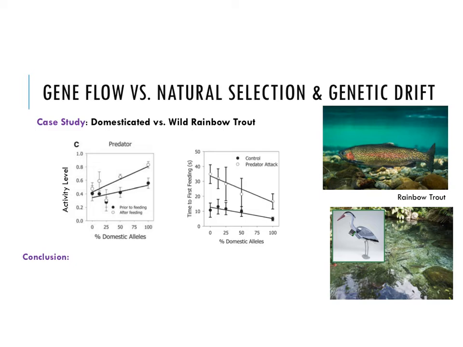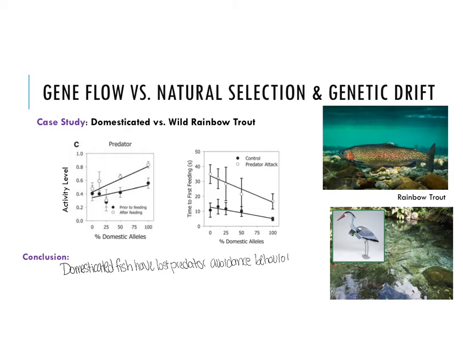What we see that's going to impact conservation and survival of our wild and endangered rainbow trout is that these domestic, domesticated fish seem to have lost their anti-predator behaviors, their predator avoidance behaviors.